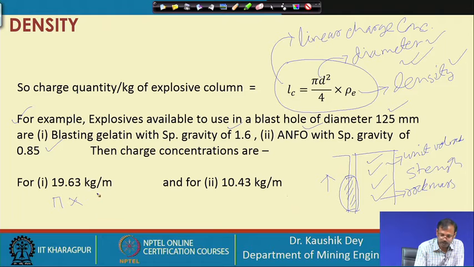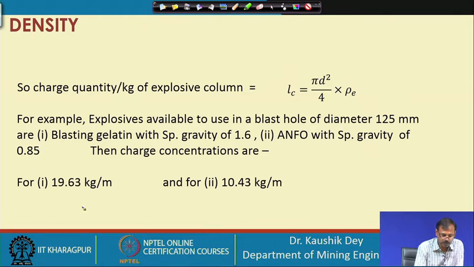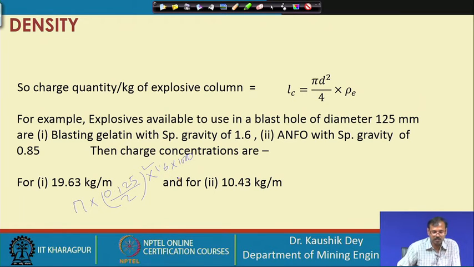So, you can find it like this: pi into 125 divided by 4000, sorry, let me clear this, pi into (0.125 by 2) whole square into 1.6 into 1000 to convert it into kg per meter cube.